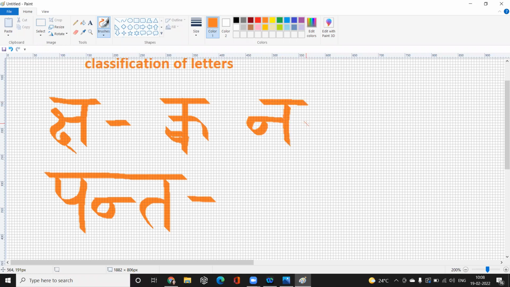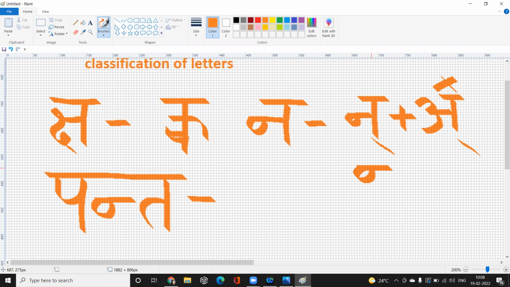The complete N is the combination of the sound N and A. When any consonant is pronounced, it is pronounced with the help of the vowel. If we remove this A from N, it becomes the bare N. That is what we represent as the half letter.